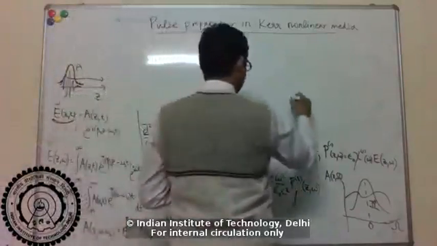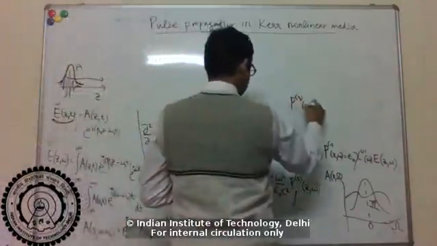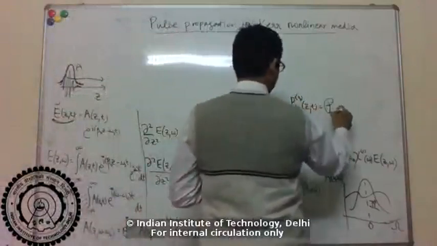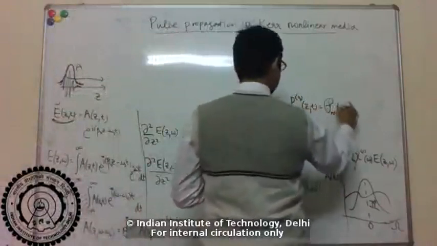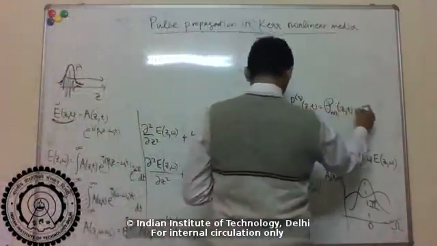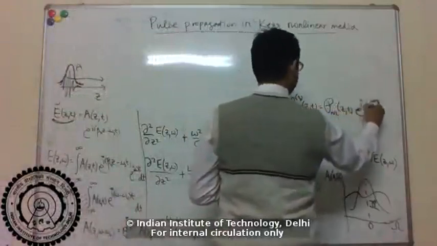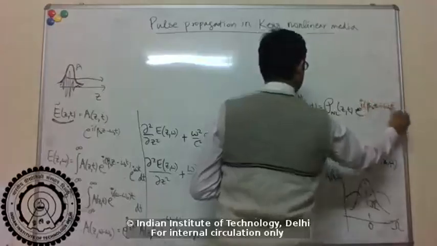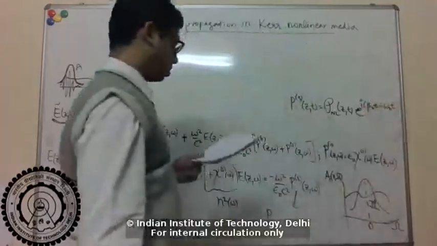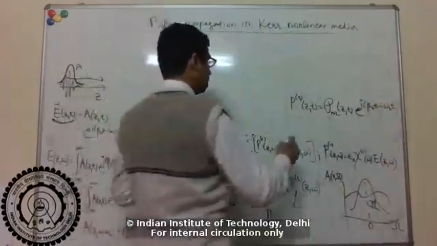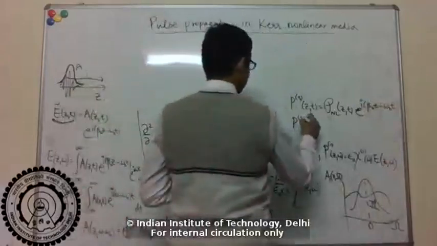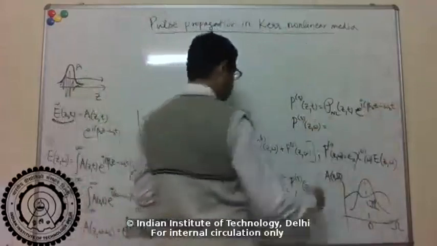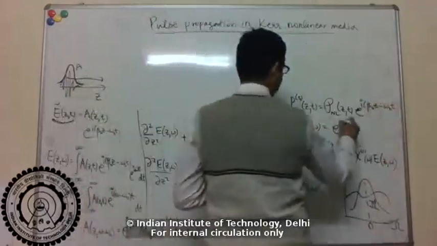So P3 of z comma t, I can write as some slowly varying amplitude times a fast carrier.